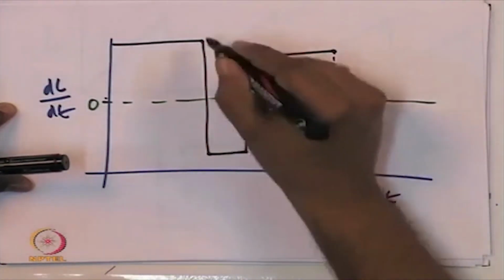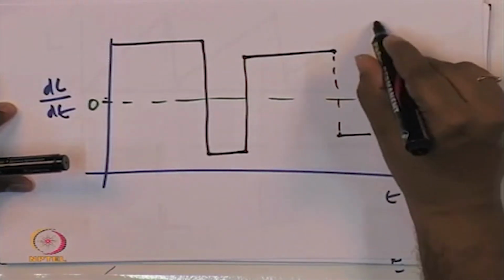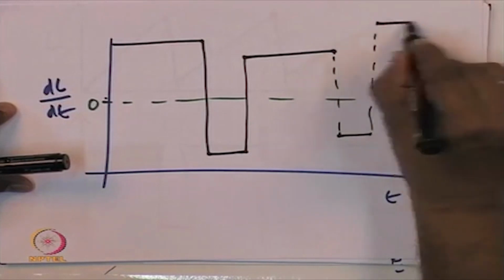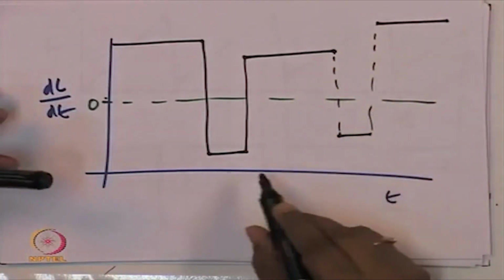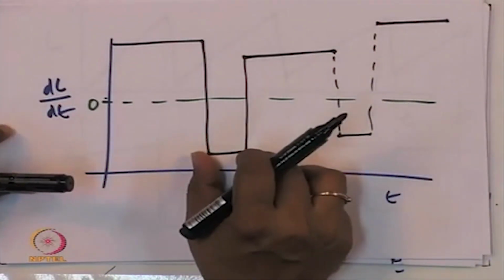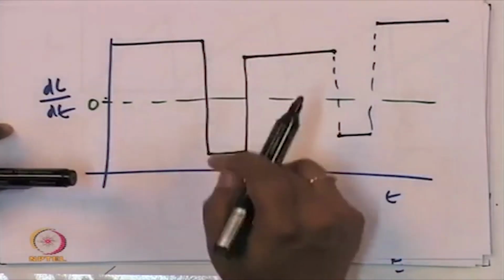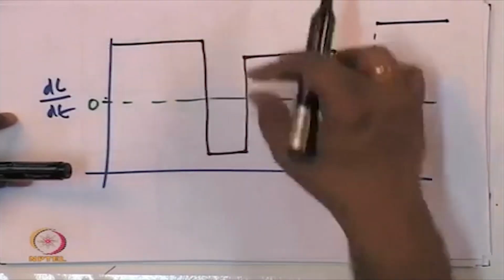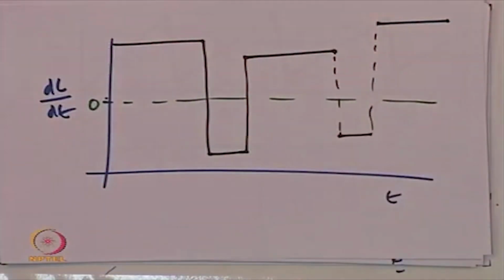Actually, I should draw all these vertical lines with dots, because they are not real. This is the kind of way you can draw. But you should think that the shrinkage time is a little slower, because it shrinks very fast, and then this is much larger than this. So, you could have this kind of dl by dt versus t graph.